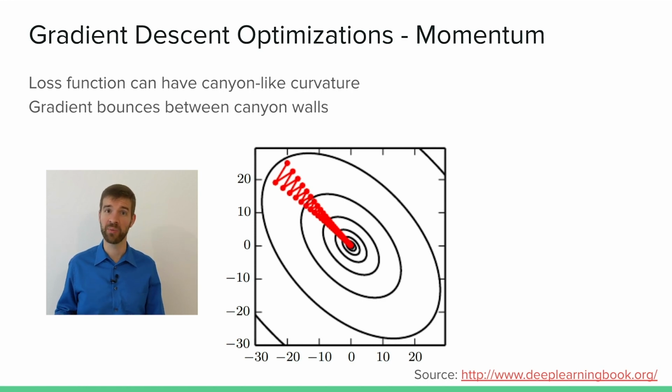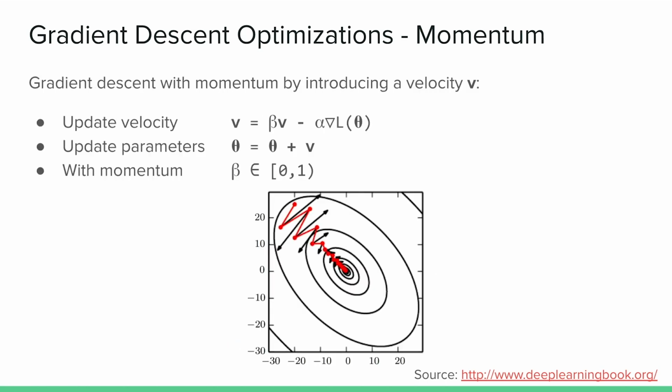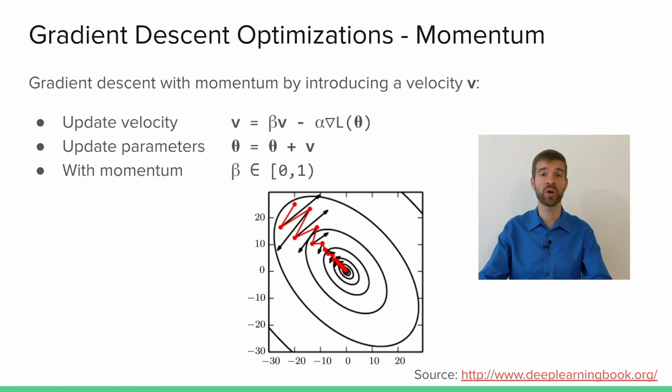Momentum is there to help us. Momentum is a sort of small memory that we take along, where we know how fast we are going in a certain direction. So if we take one step in a certain direction and the next step is in exactly the same direction, we can actually start to walk faster because it's empowering us to continue walking in the same direction.